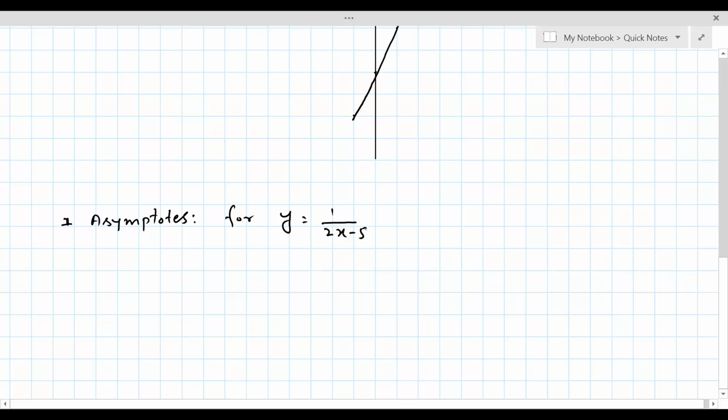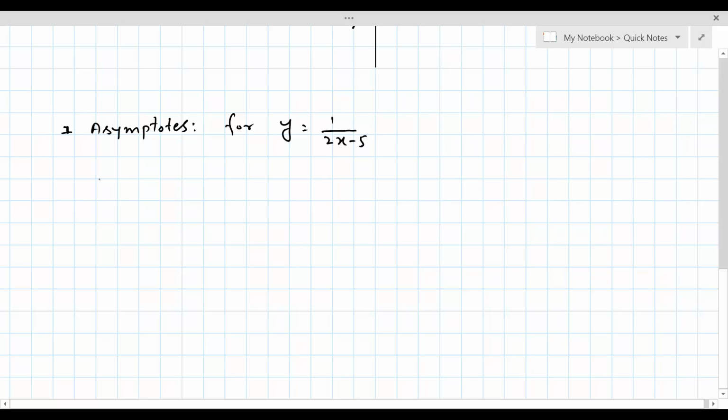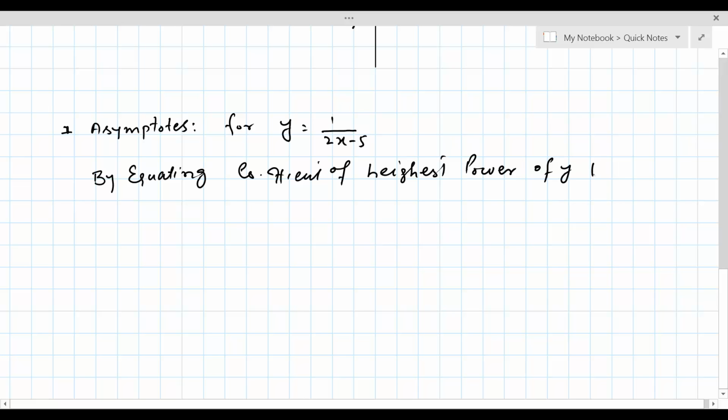There is an easy method to find asymptotes. By equating the coefficient of the highest power of y to 0, we get the asymptote parallel to the y-axis.